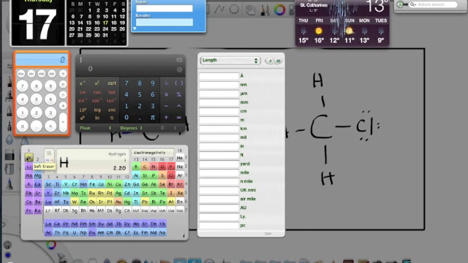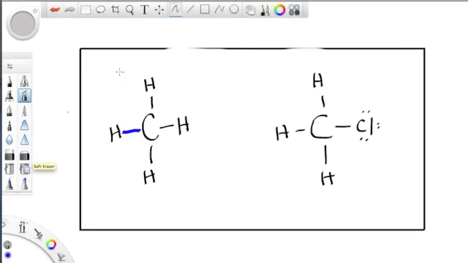Once I figured that information out, this big X symbol is called chi. That just means electronegativity. We always put the difference of the higher one minus the lower one. So carbon was 2.55 minus 2.20 gives me a difference of 0.35.